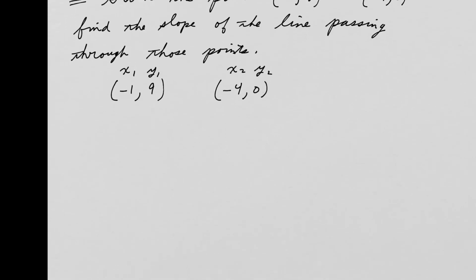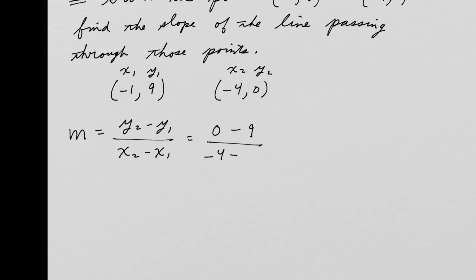So the slope, remember, is always going to be y2 minus y1 over x2 minus x1. In this case, it would be 0 minus 9 over negative 4 minus, you've got to be careful here, it's a negative 1, right? Minus a negative 1.